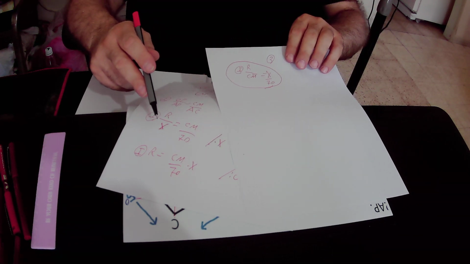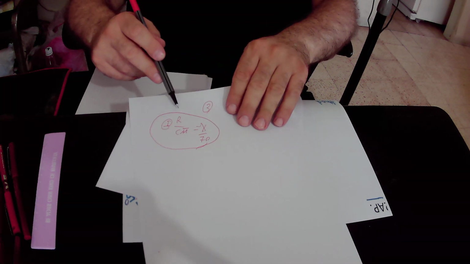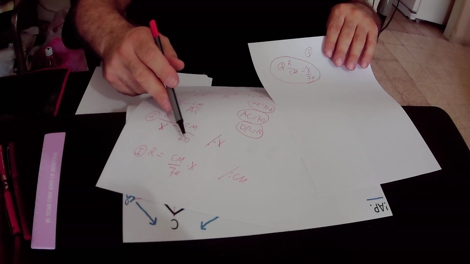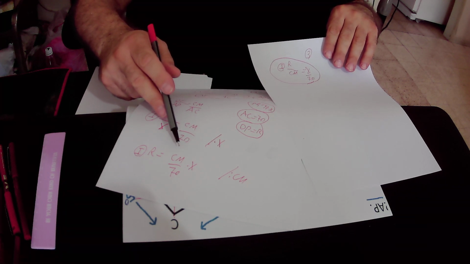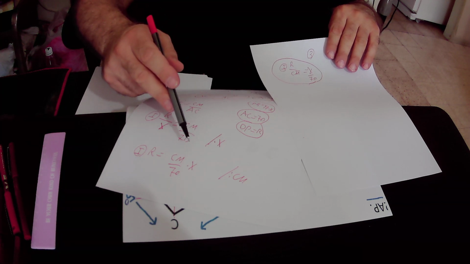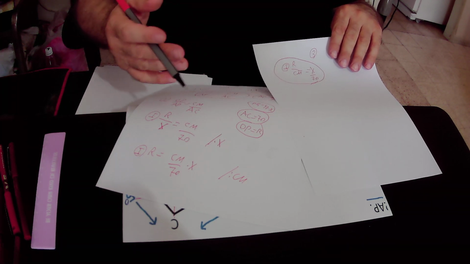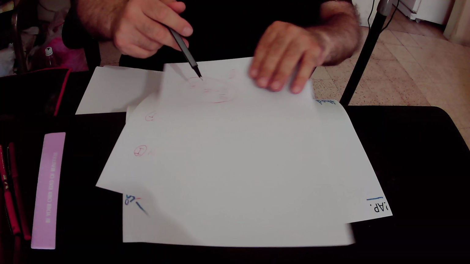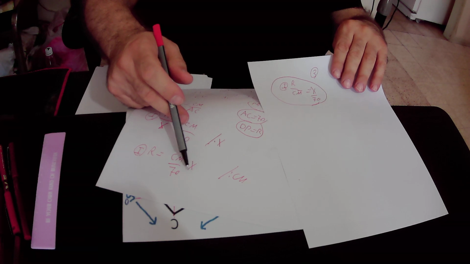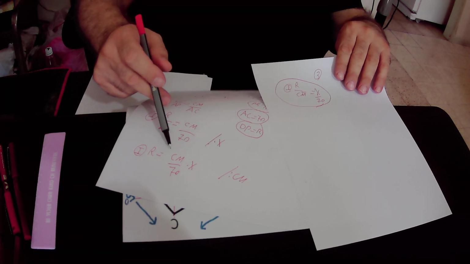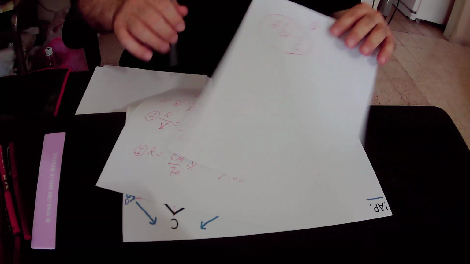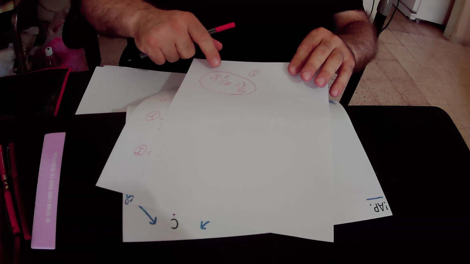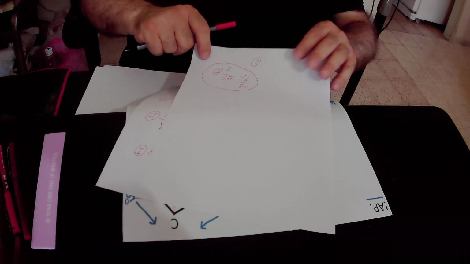R divided by CM equals to R over CM, and CM over 70 times X divided by CM equals X over 70. So this is our first equation, R over CM equals to X over 70.